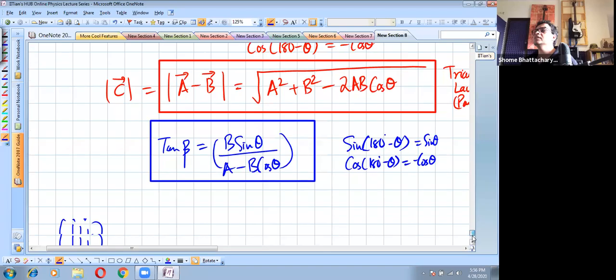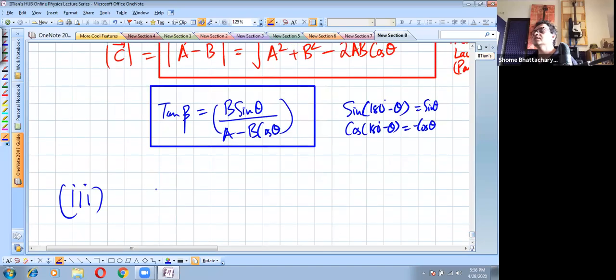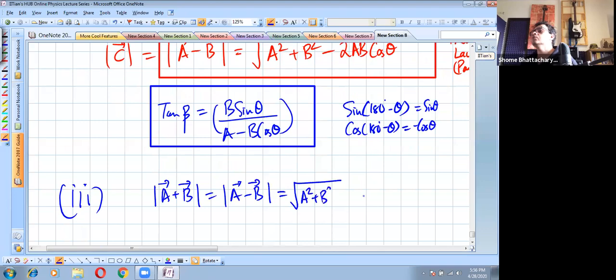So if you compare the two, you see that when cos theta is 0, the two become the same. Okay, so additionally, mod of A plus B can become equal to mod of A minus B only in a special case. And that is a special case where they are equal to root of A square plus B square, because theta is 90 degrees. So cos 90 is 0.